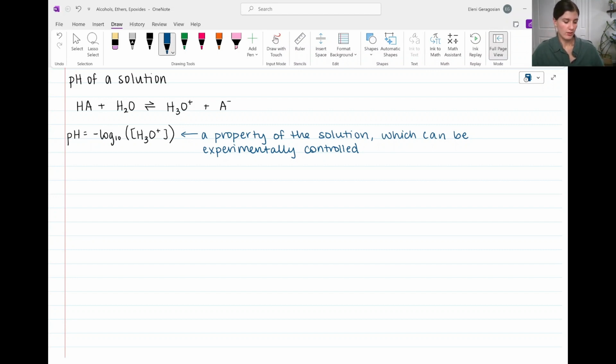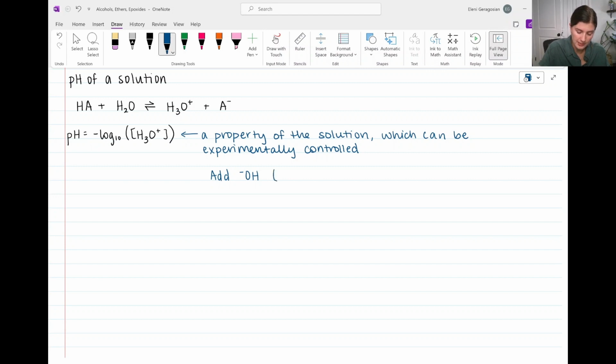So if we're trying to increase a pH, now increasing a pH means we're becoming more basic, we can add a base to increase the concentration of OH minus ions, decreasing the concentration of H3O plus, and that raises the pH of the solution.